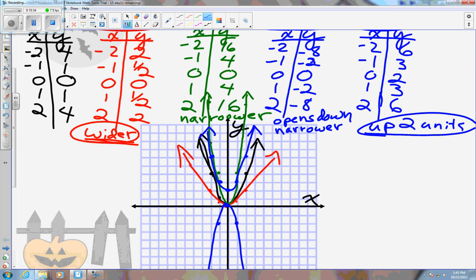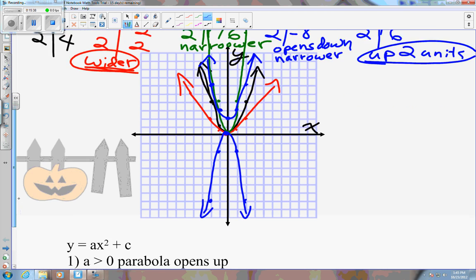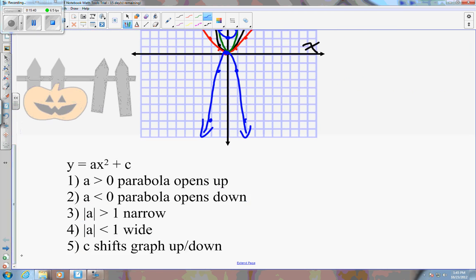Okay, what you're gonna do is you're gonna look at the equation, and here, I'll move this down so you can write these rules down. If you have it in the form y equals ax squared plus c, then if a is greater than 0, the parabola opens up. That would be no change, you wouldn't have to say anything. If a, the number times x squared, is less than 0, it's negative, the parabola opens down.